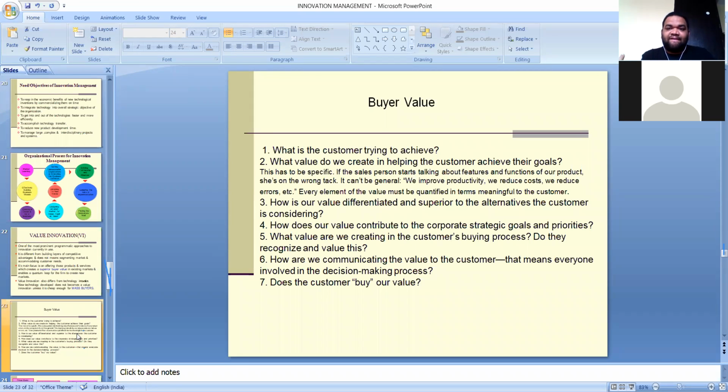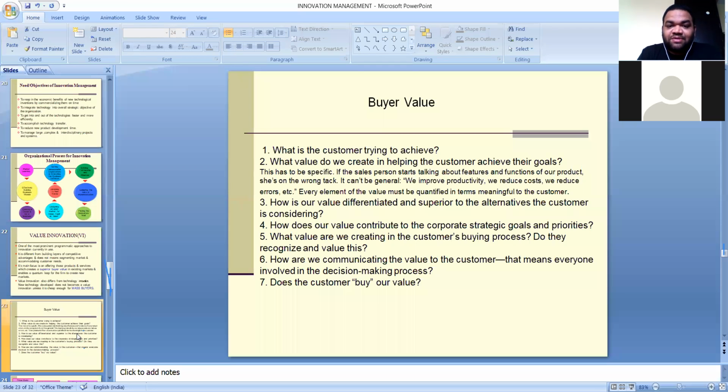If you see the 7 points, please go through these 7 points. Buyer value has 7 questions raised. Please go through this.